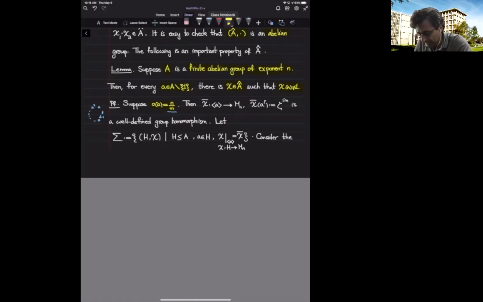That's the same as this d that I have over here. Then I can define this character of the cyclic group generated by A to mu sub n by sending A to the power i to zeta to the power m i. So maybe it's better to use j to not get confused with i in complex numbers.